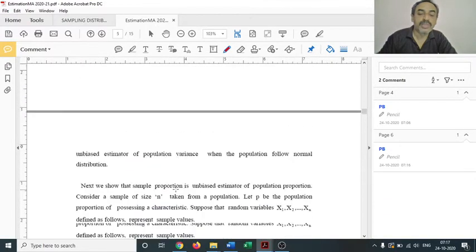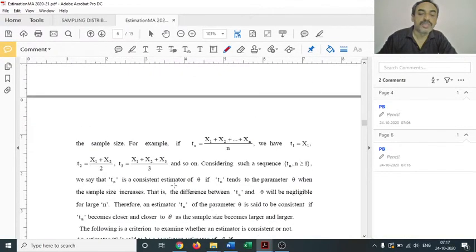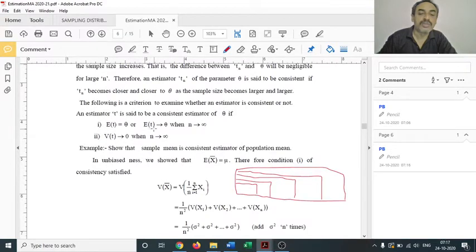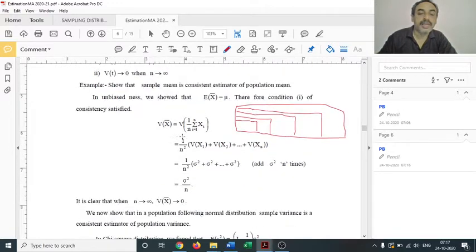So we are not repeating the same proof for the first condition. The second condition is variance of T must tend to 0 when n tends to infinity. So here we have to show variance of x bar tends to 0 when n tends to infinity.